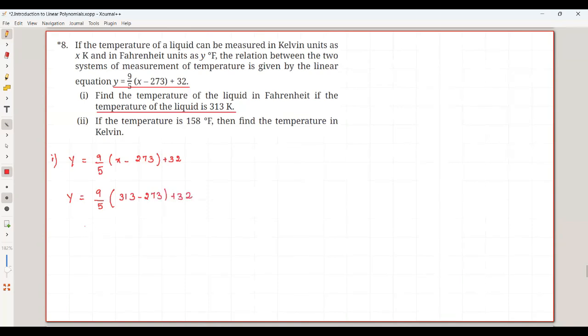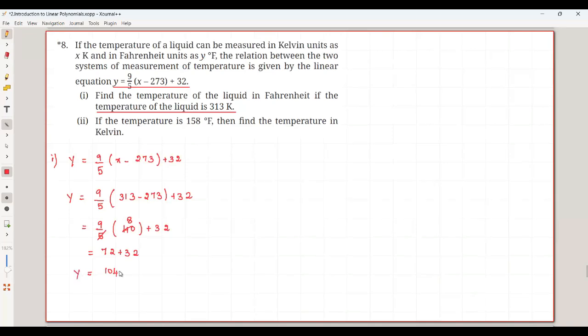If you simplify, you will get the y value. 9 by 5, now 313 minus 273 is 40, plus 32. Now we can simplify it: 5 8s are 40, so 9 8s are 72. 72 plus 32, 70 plus 30 is 100, so 104.